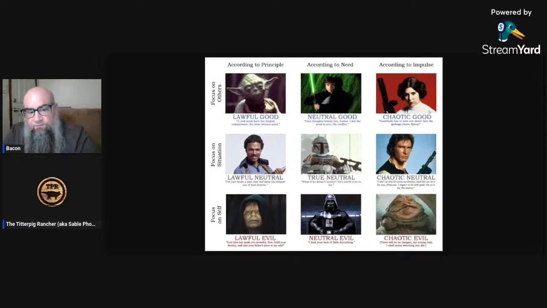Alignment is prescriptive because when you put lawful good on your character sheet, and this is very meta, and I understand that, so this might not be the perspective of characters in the world, but it is definitely the perspective of the players who are going to play those characters, who will bring some of their knowledge from outside of the game with them when they play. I think that if you put lawful good on your character sheet and everyone sees your character sheet and it says lawful good, they are expecting you to behave in a certain way because you have prescribed specific character actions, at least out of the gate.